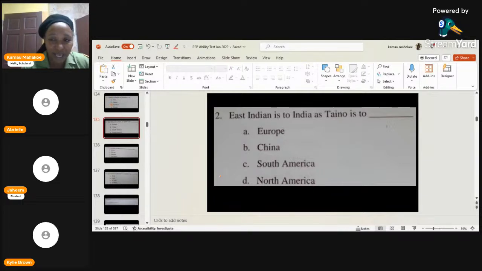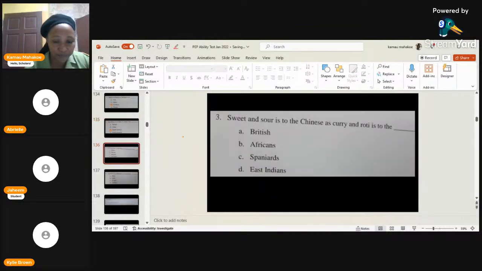So using the same relationship, then we're to say the Tainos originally came from where? Miss, I think it's South America. South America. That's correct, Kylie. Originally, the Tainos came from the northern part of South America and they moved up gradually into the Caribbean region from the Lesser Antilles all the way up to the Greater Antilles.